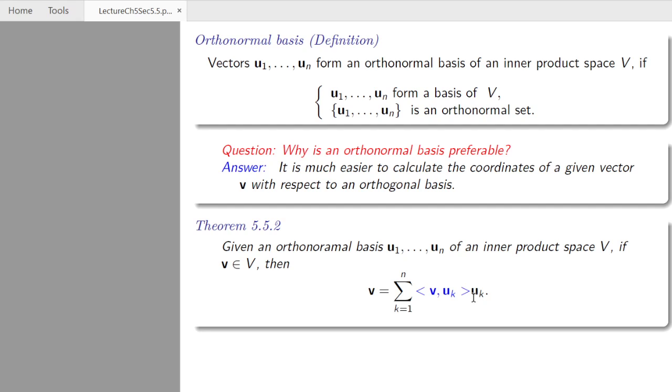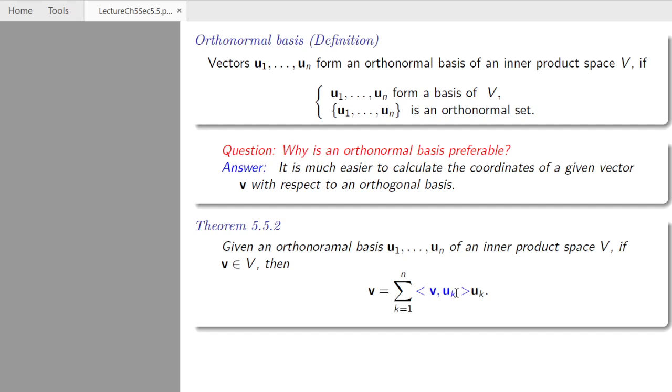And more precisely, the coefficient here is just equal to the inner product of the given vector v with each of the vectors in the base.